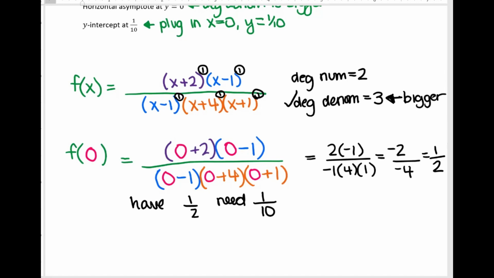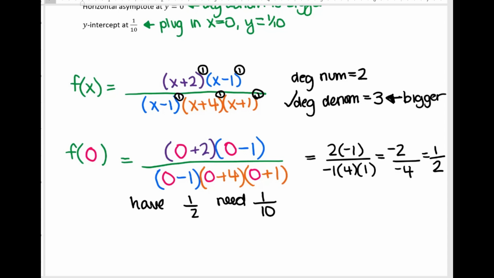So you may be thinking, well, how can we do that? We can't add in any new factors because that would change our asymptotes and intercepts, all kinds of different things. But we still need to get from 2 to 10. We can't add because notice factored form has everything multiplied.